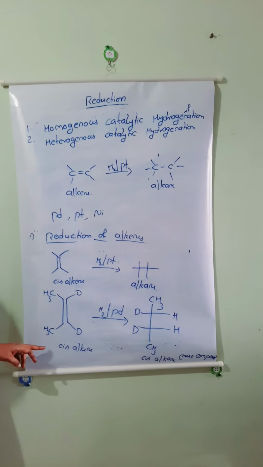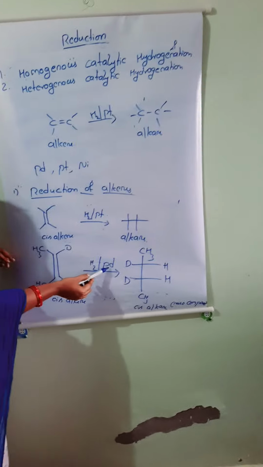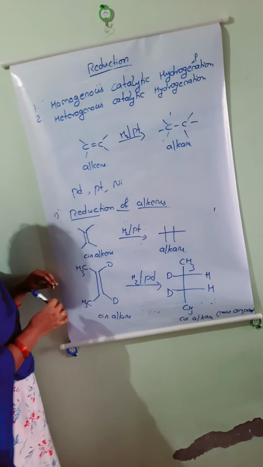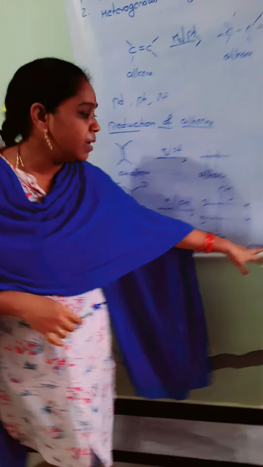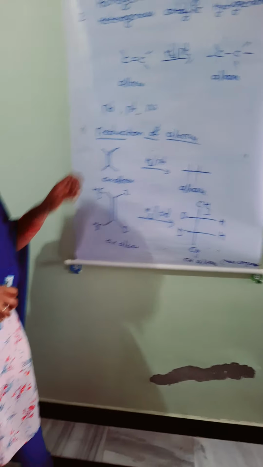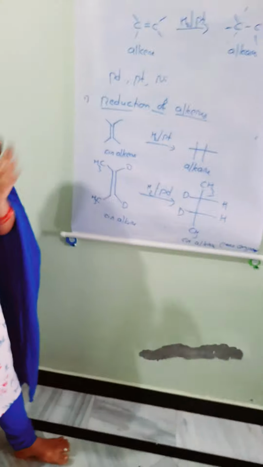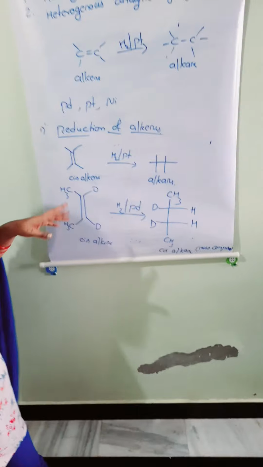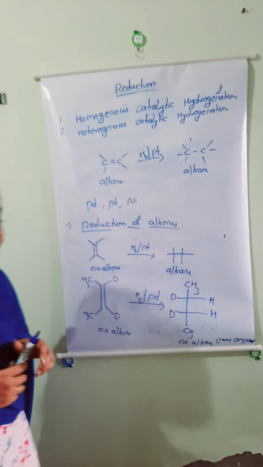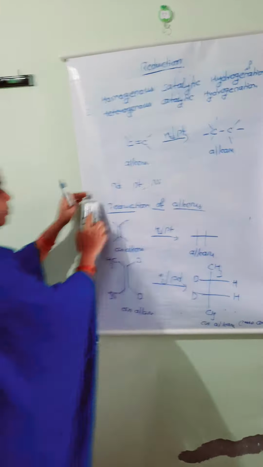So here we take the cis alkene, and it can be reduced using palladium catalyst. Hydrogenation takes place and we get the meso compound. So the stereochemistry of the product is always cis. Cis product is formed, but sometimes a trans product is also formed.